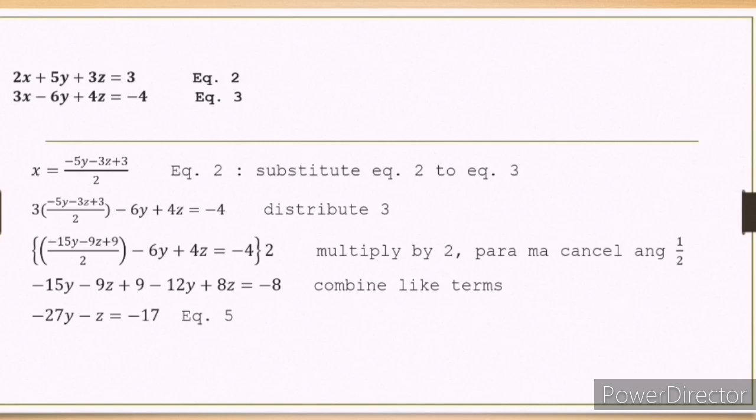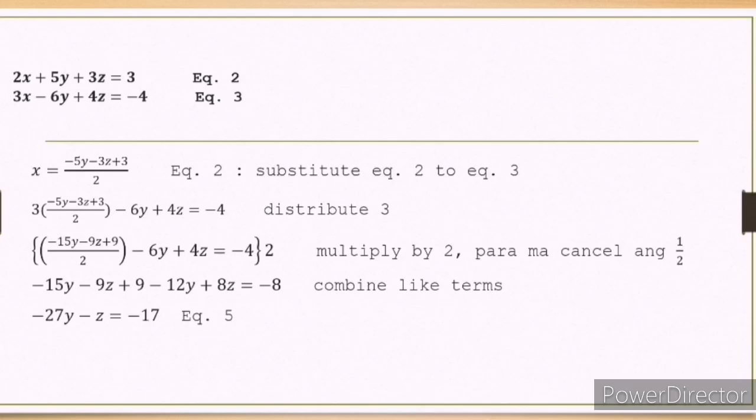Then distribute 3. So 3 times negative 5y is equal to negative 15y. 3 times negative 3z is equal to negative 9z. 3 times positive 3 is equal to 9 over 2. Then copy negative 6y plus 4z is equal to negative 4.